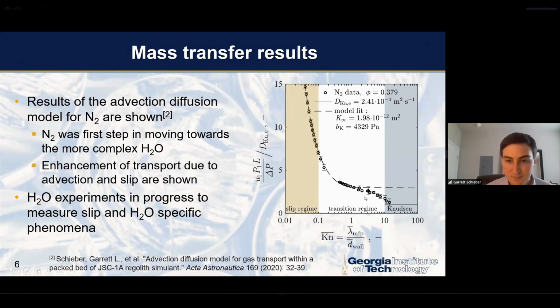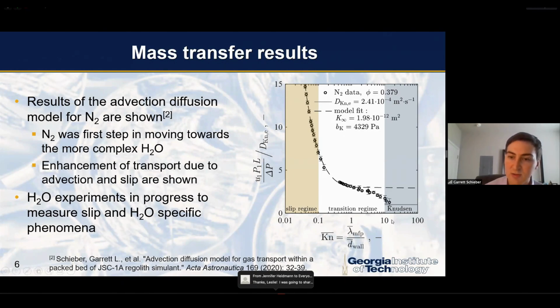And then on the x-axis, we have the Knudsen number, where the Knudsen number is a ratio of the mean free path to the wall diameter. Another way we can think about this is essentially the ratio of the distance between molecules to the distance between particles within your porous media. And so at very low pressures, the distance between molecules is very large.